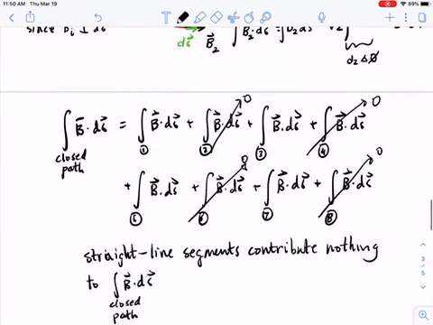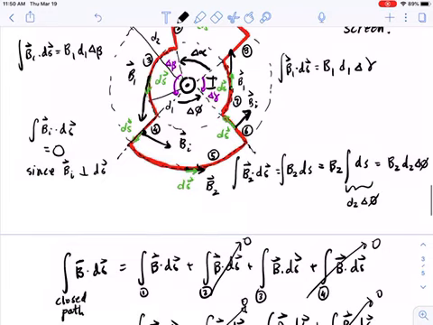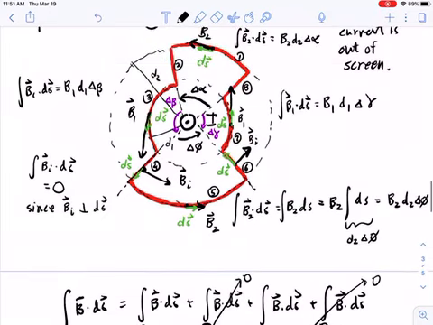For all the circular sections, you would get the types of results that we wrote down for sections 1, 3, 5, and 7. When you added them all up, all the angular displacements would add up to 2 pi, and they'd cancel with the 1 over 2 pi that we had for the current of a long straight wire. All of the straight line sections would contribute nothing.